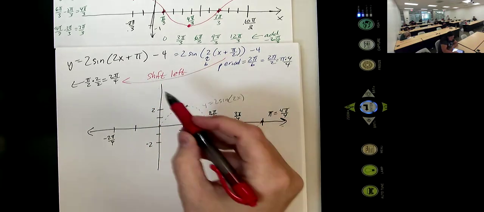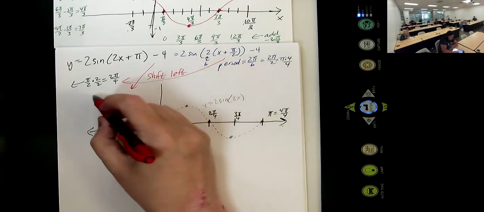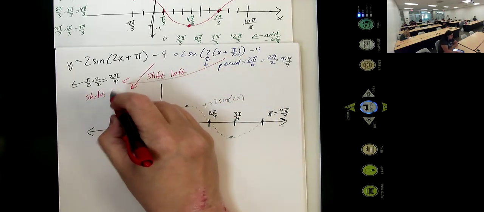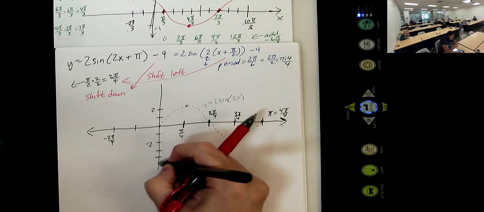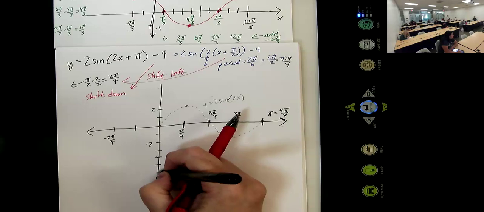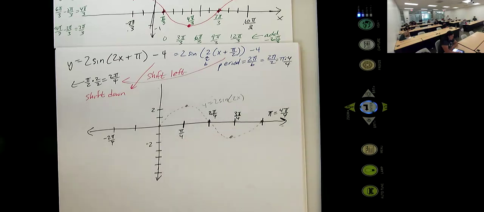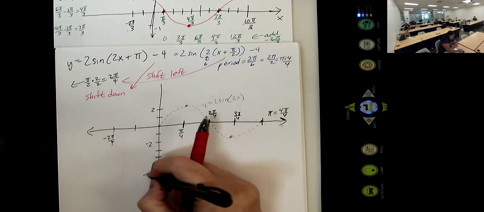And the -4 is giving me my shift down. So I'm going to take each of these points and move them left 2 pi over 4 and down 4, which means I need a little more room on this graph. Down to -6.